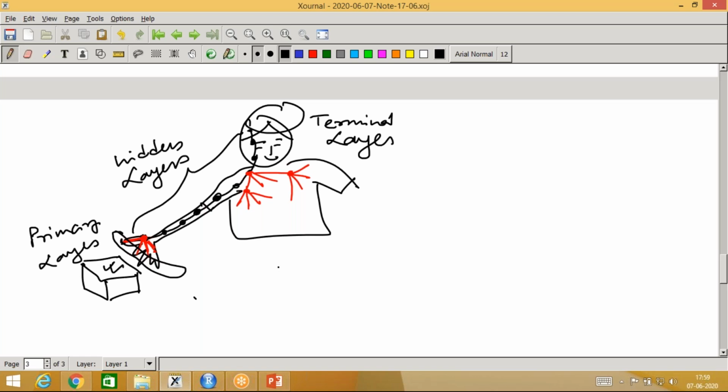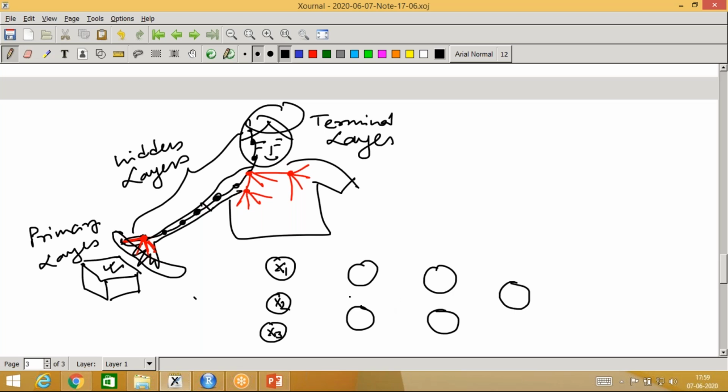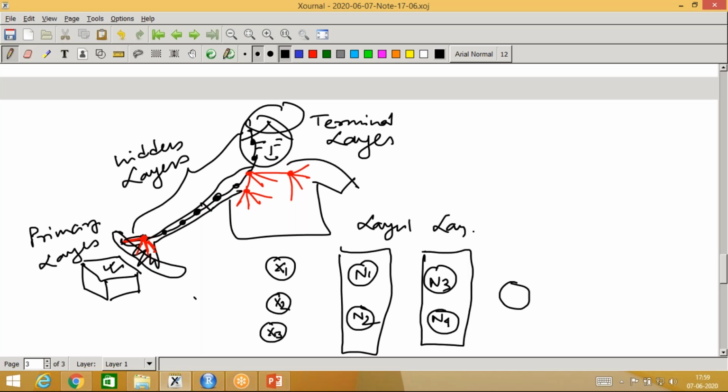The same applies here. Let's say I have x1, x2, x3, some three variables. There will be some hidden layers, and then there will be a terminal layer. So this is node 1, node 2, node 3, node 4. This is layer 1, this is layer 2, and this is your terminal node.